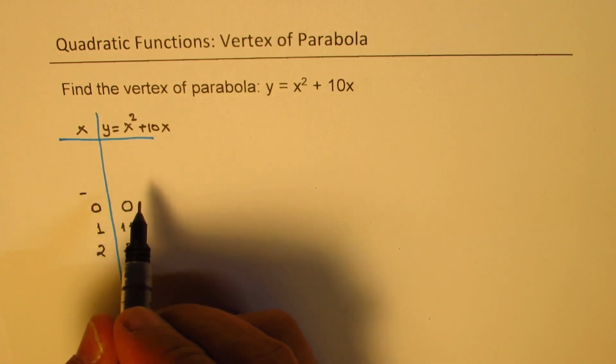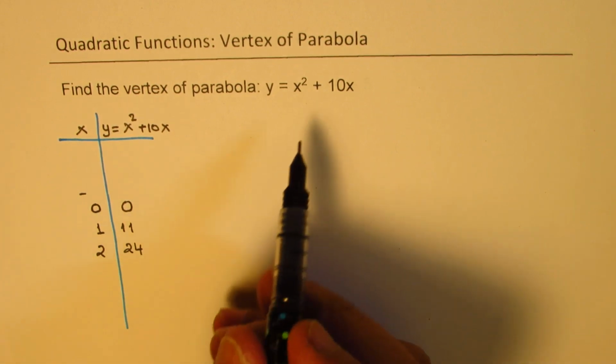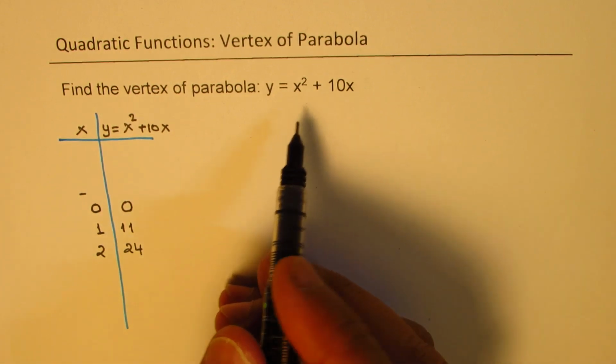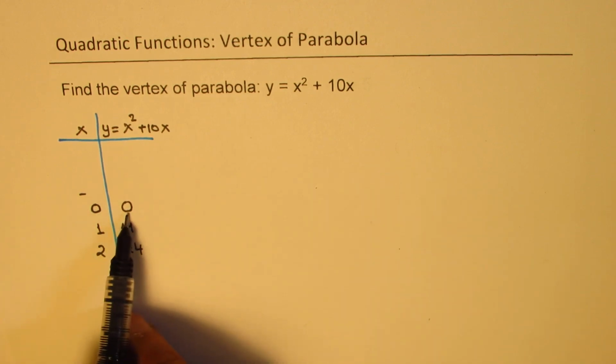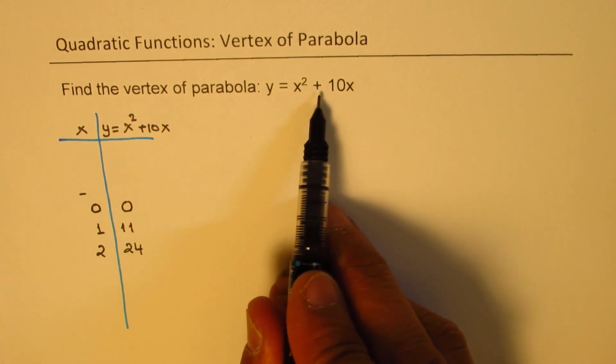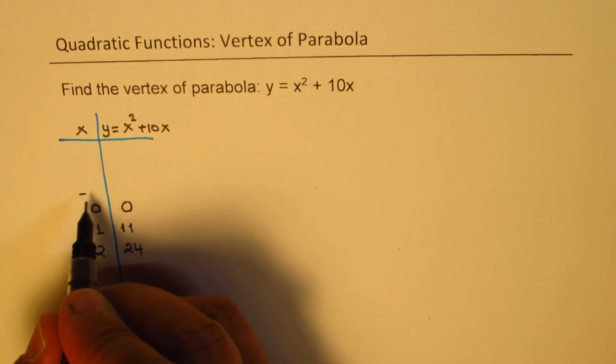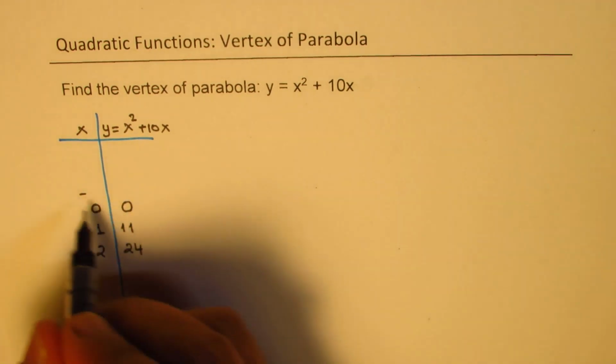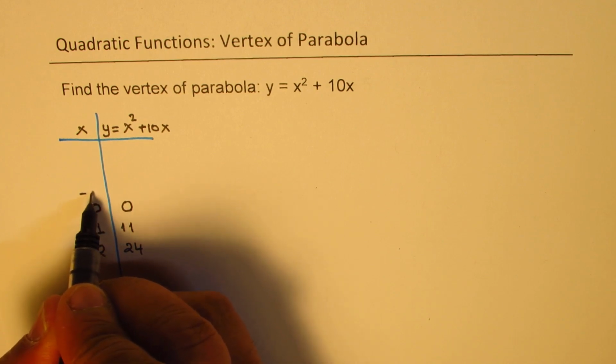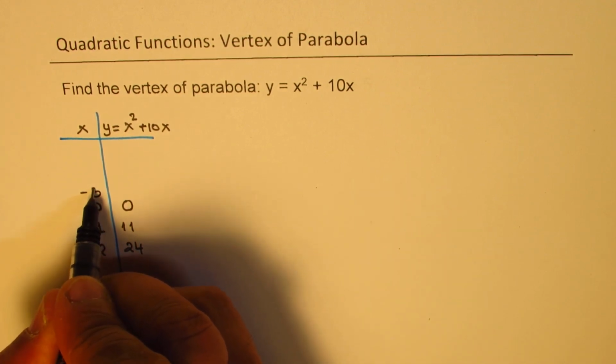We already got 1, 0, right? The other zero is expected at minus 10, right? So let me substitute some values, in this case, let's say minus 5.